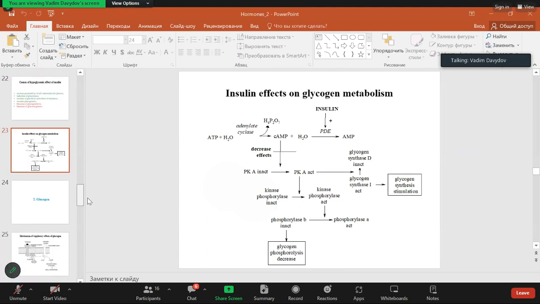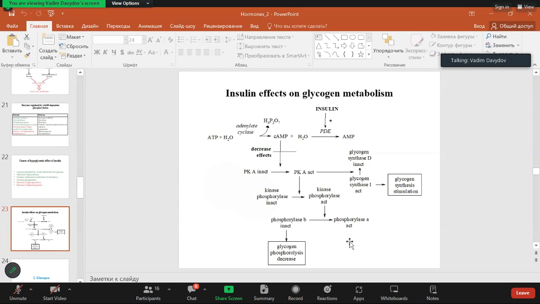So that is the metabolic effect of insulin on carbohydrate metabolism.